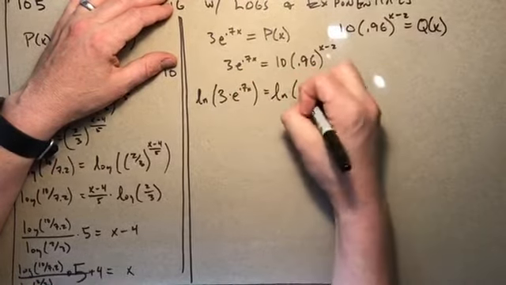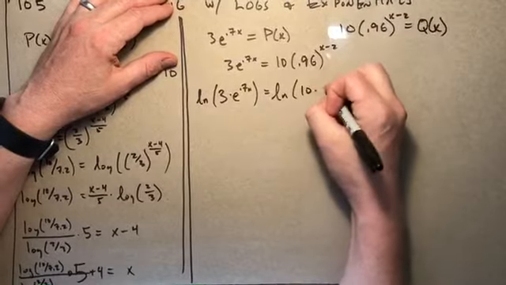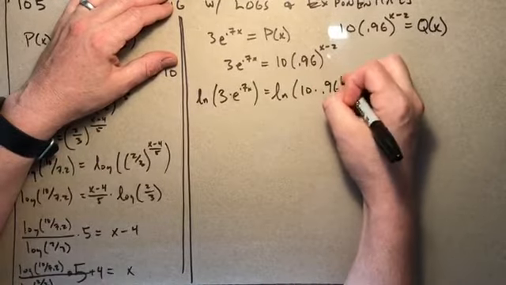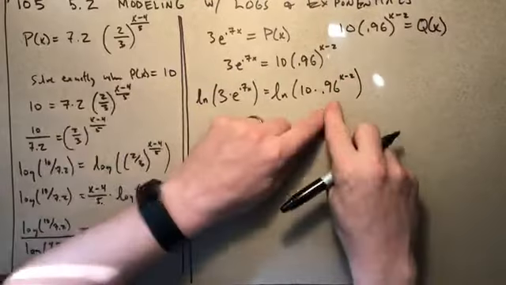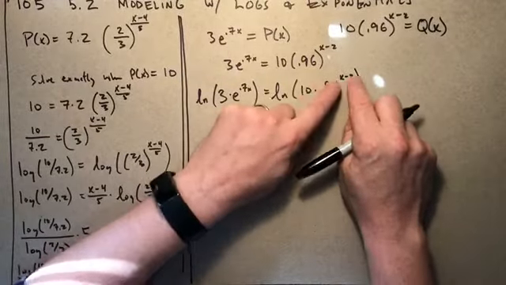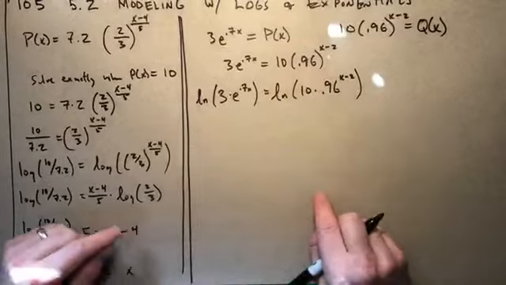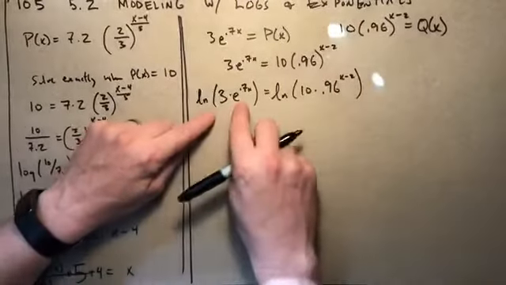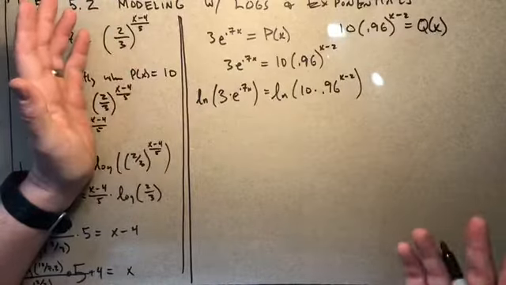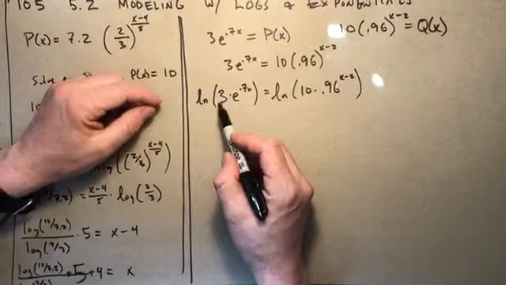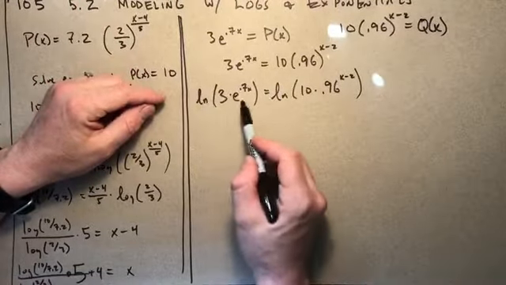Natural log on one side, natural log on the other. Notice that the 0.96 has that x minus 2 as an exponent. So, can I have the exponents come down here? And the answer is not yet. And the reason we don't is because I don't have the natural log and the e alone.